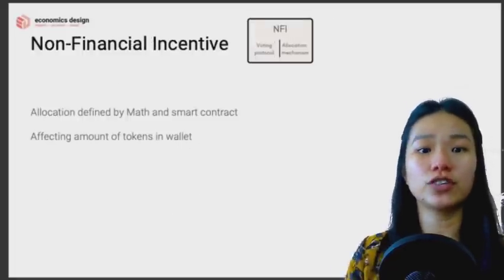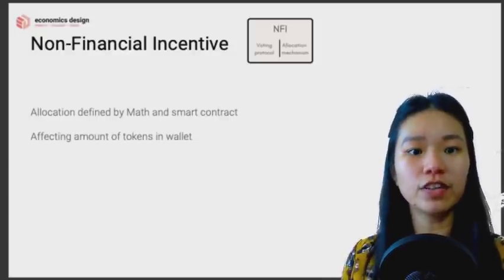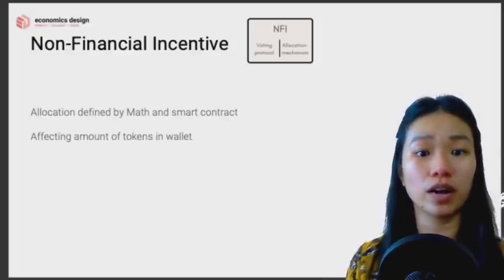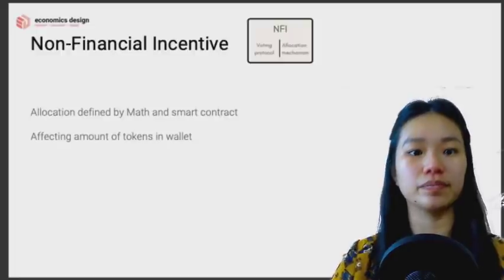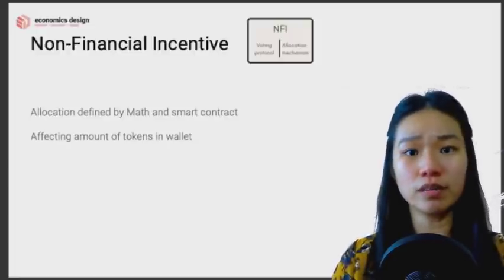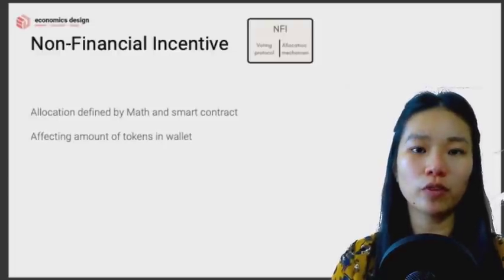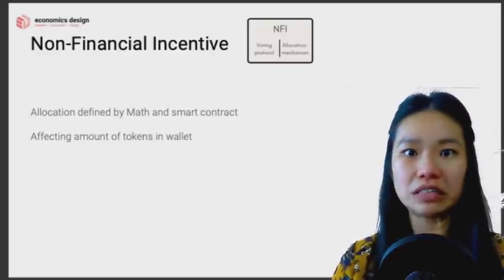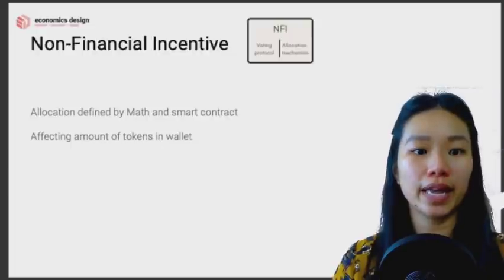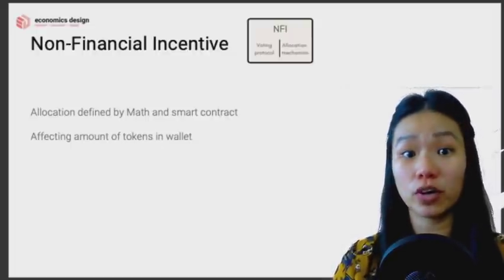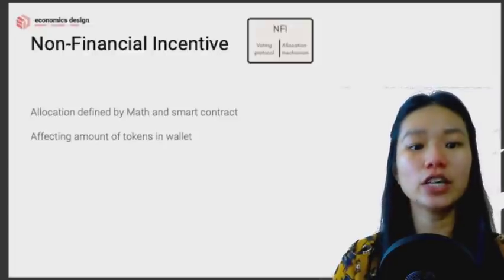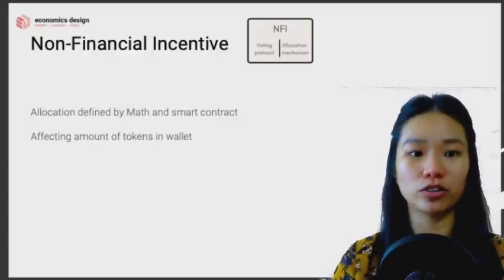What about the non-financial incentive? In non-financial incentives, we usually talk about voting protocol and allocation mechanism. We don't have voting here because it's redundant. Usually you talk more about voting in securities or utility tokens, but in the money function, you don't have voting. But we do talk about allocation mechanism. The allocation mechanism is defined by math and smart contract.